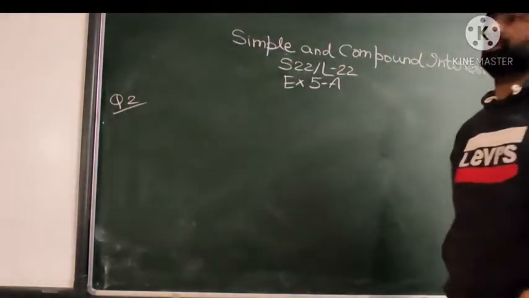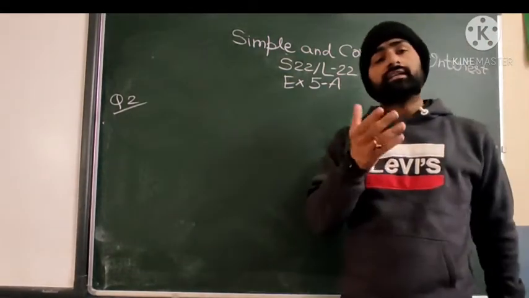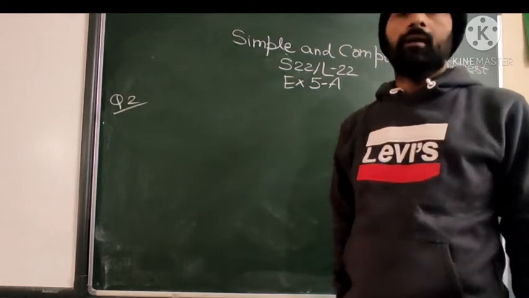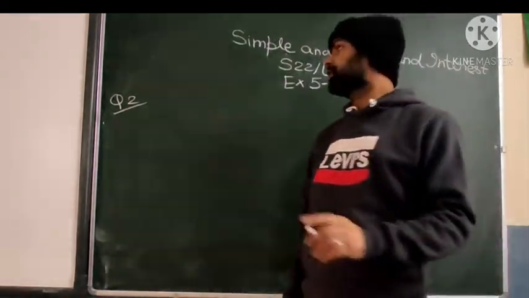See, this question involves calculation of the dates. Here the time period has to be calculated between two given dates. Whenever such a thing is given, we will take two precautions.